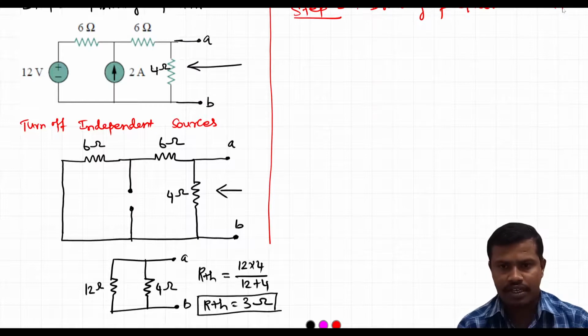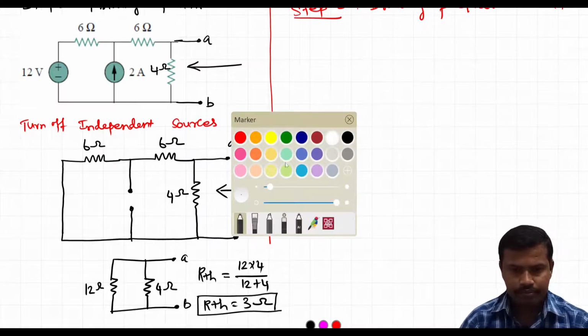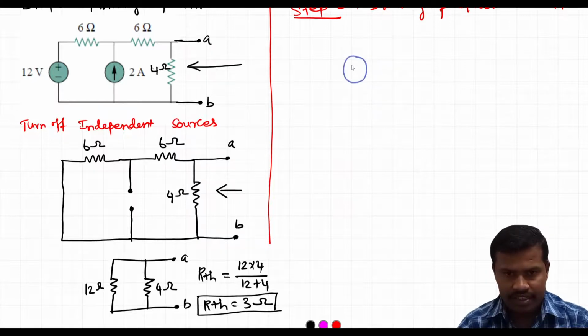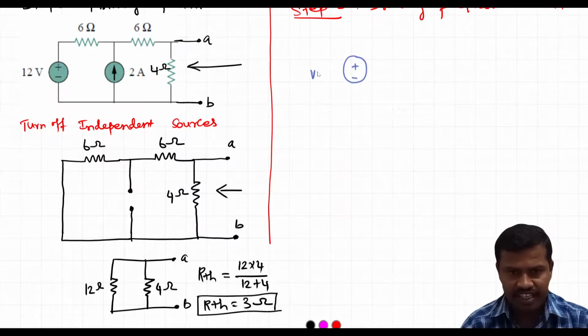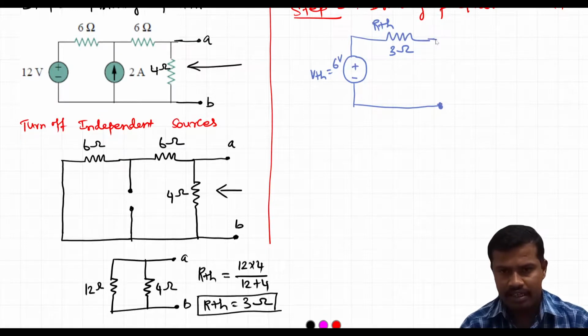For drawing the equivalent circuit, we will first draw the voltage source, that is plus minus VTH, which is equal to 6 volt, and then we need to connect RTH in series with the voltage source. This is RTH, which is equal to 3 ohm. Next we need to mark the terminals, that is A and B.